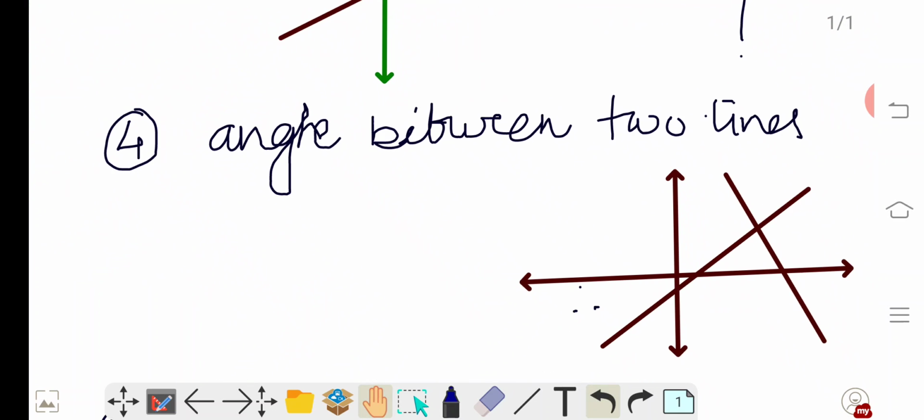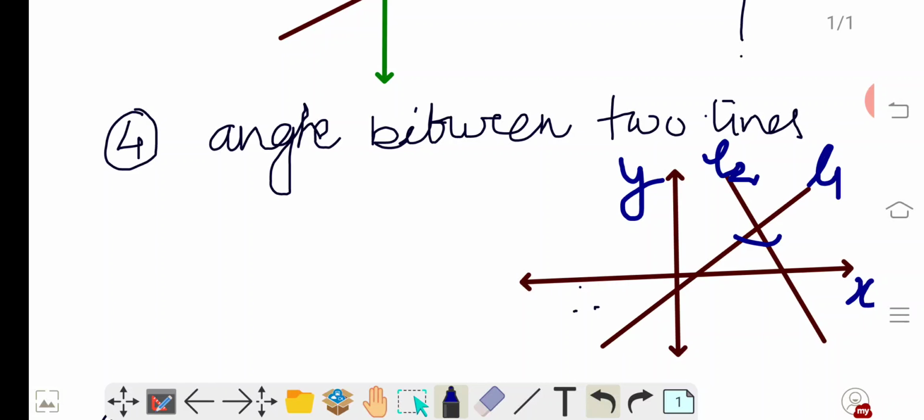Now the fourth point is the angle between two lines. The angle between two lines is given by tan theta. Suppose this is the angle theta, this is the x-axis, this is the y-axis, and here are the two lines L1 and L2.